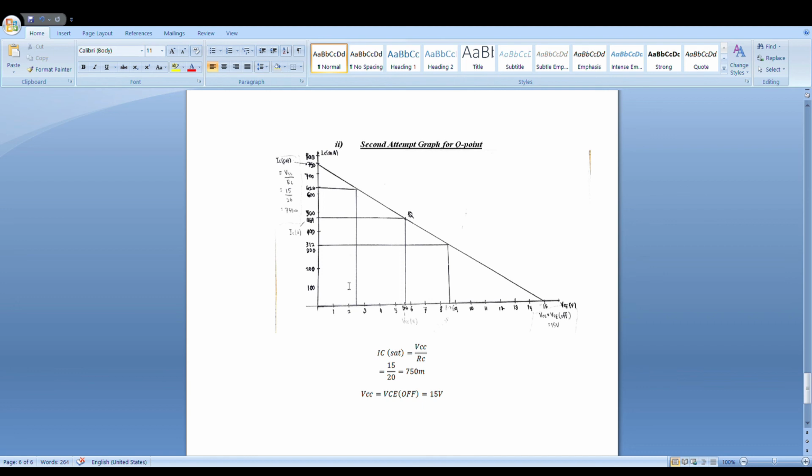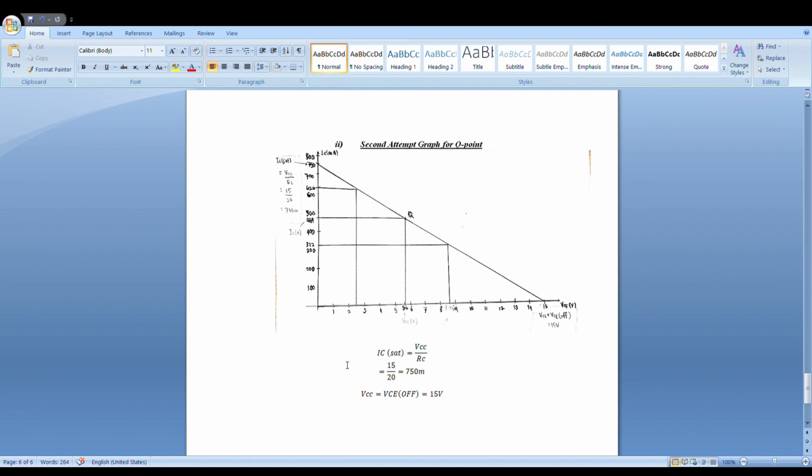And now I will explain about the graph for the Q point for the second attempt. Based on what we calculated and simulated before, we got the Q point graph for the second attempt, which is the Q point located at the middle, where the ICQ is 469 milliampere and the VCQ is 5.6.